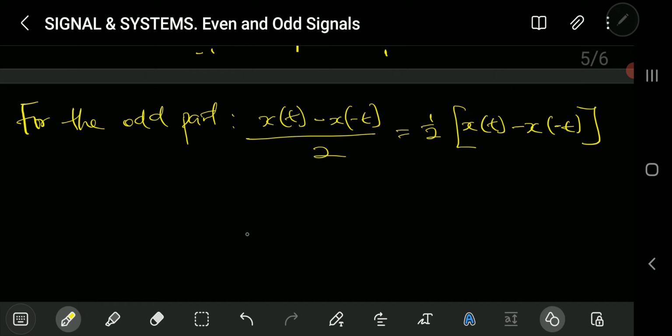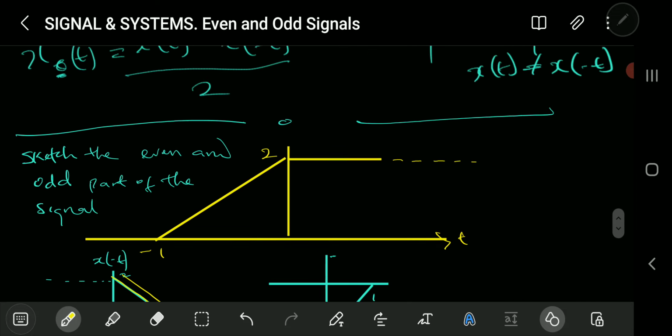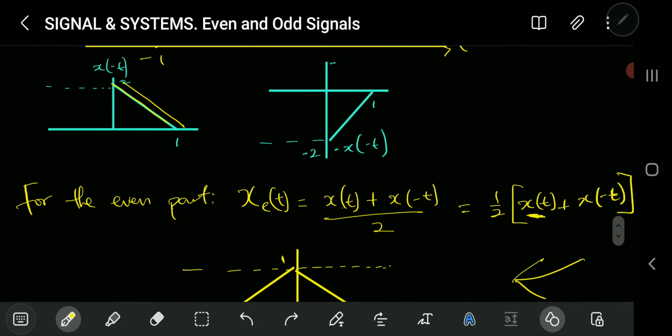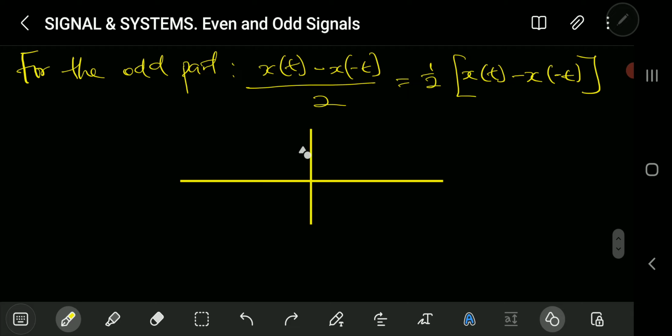So just like what we did earlier, let's first of all draw that of x of t. So x of t, let me show you again. So this is x of t. So it's looking like this.